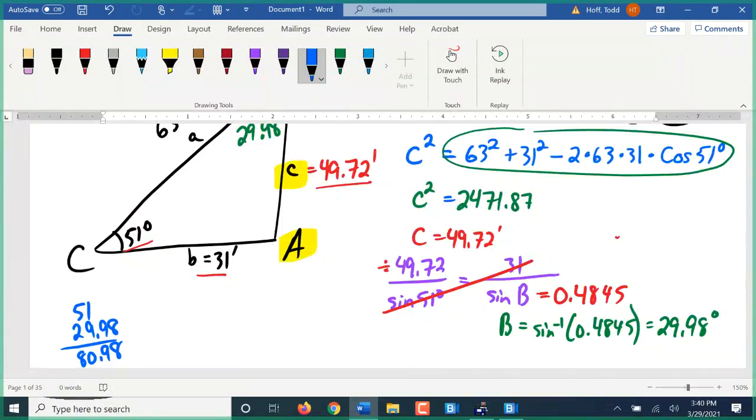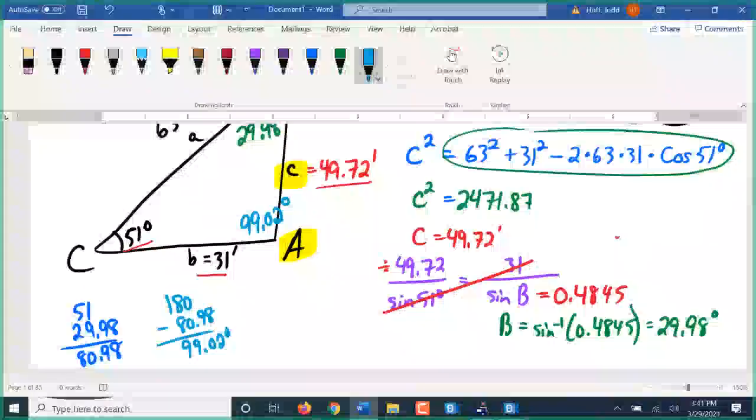Let's subtract that from 180. 99.02 degrees is angle A. Angle A is obtuse, but we would not have known that for sure if we had found that one first.